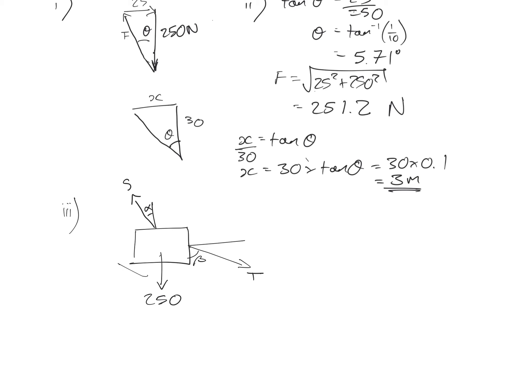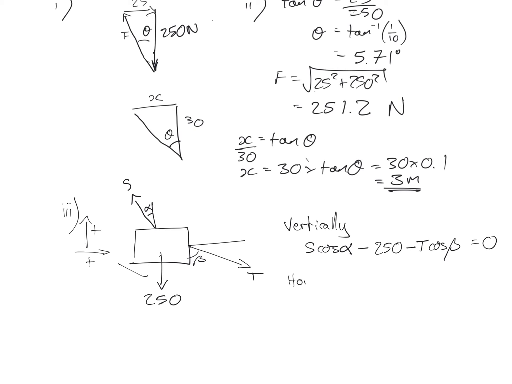Okay, so vertically, if we treat this as positive and this as positive, we've got S cos alpha minus 250 minus T cos beta equals 0.